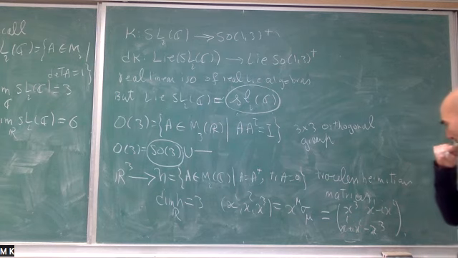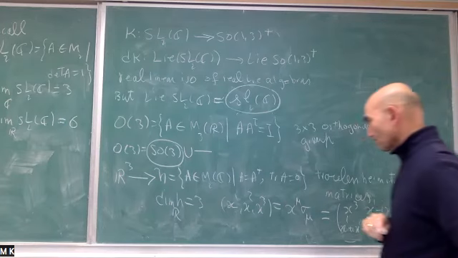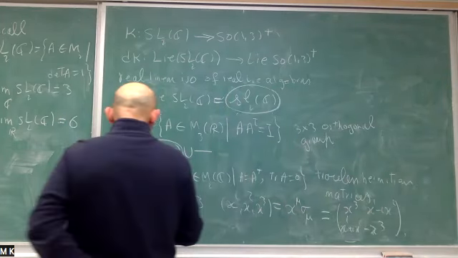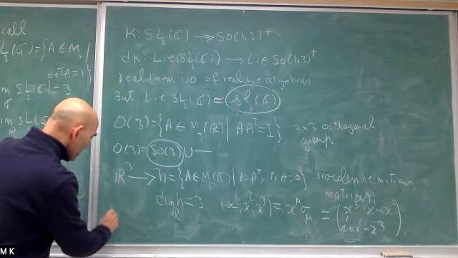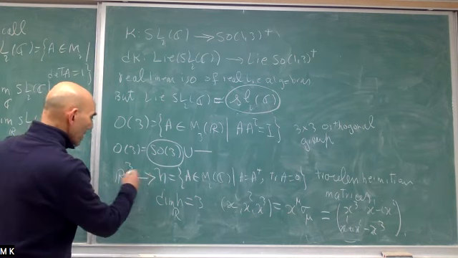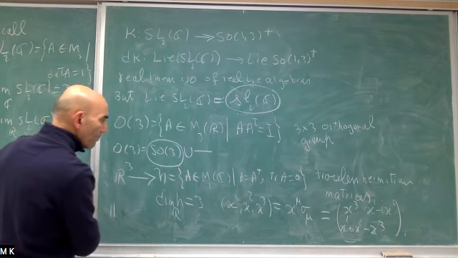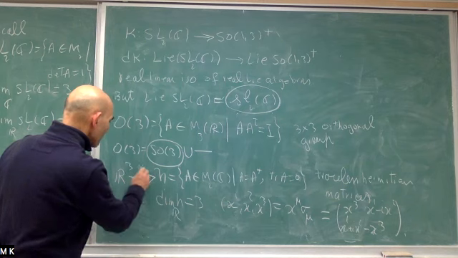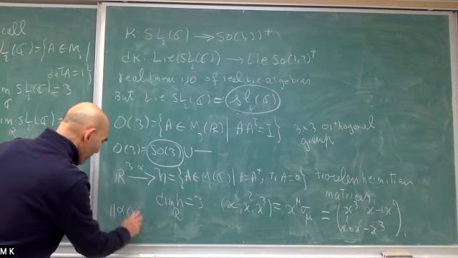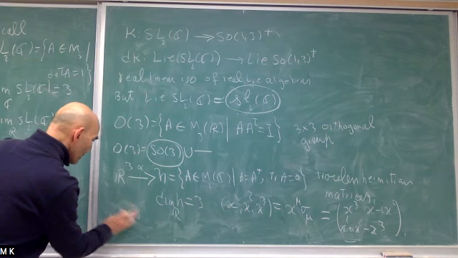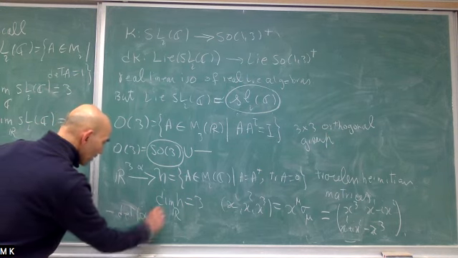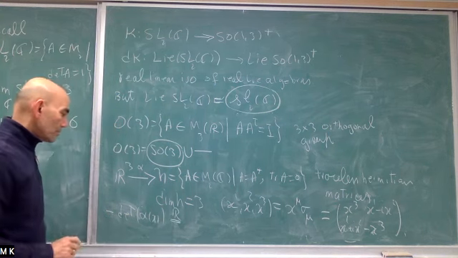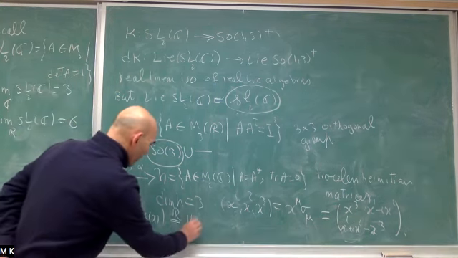Now in this case, we'll see that the Euclidean metric is preserved. Let's call this map alpha. Then negative determinant of alpha of x is equal to the Euclidean norm of x squared.